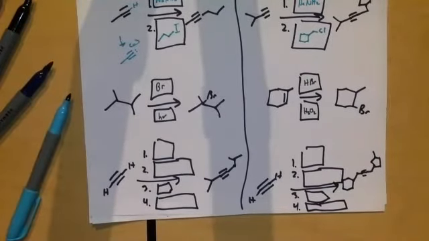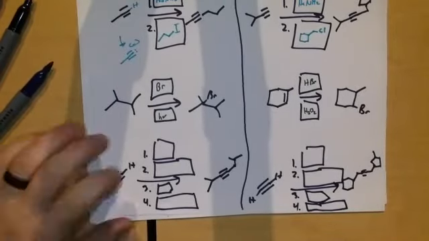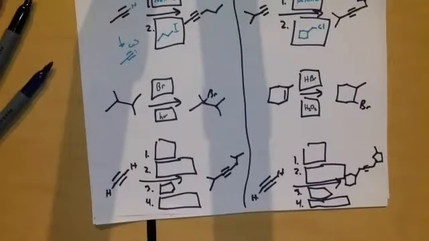Okay, moving on to these bottom 2. So these are going to be double alkylations. Steps 1 and 2 and 3 and 4 are usually interchangeable for these. It doesn't matter which one you do first. I like to do them left to right just because that's easier for me to keep track of in my mind.